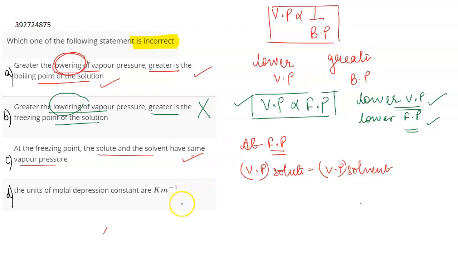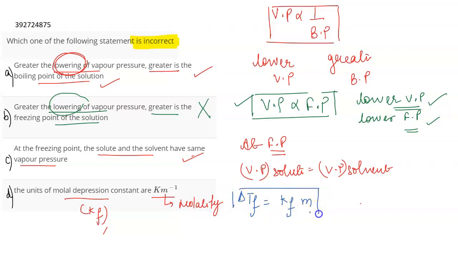Now coming to the fourth statement, which says the units of molar depression constant, Kf, are Kelvin molal inverse. This m represents molality. We have the relationship ΔTf = Kf × m, where ΔTf is the depression in freezing point, Kf is the molar depression constant, and m is the molality.